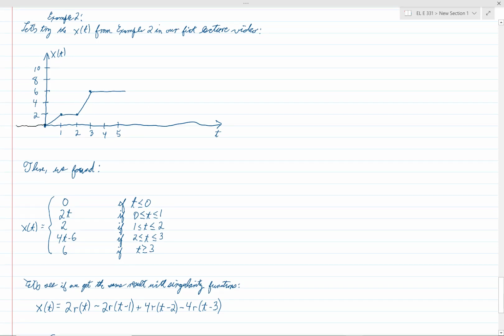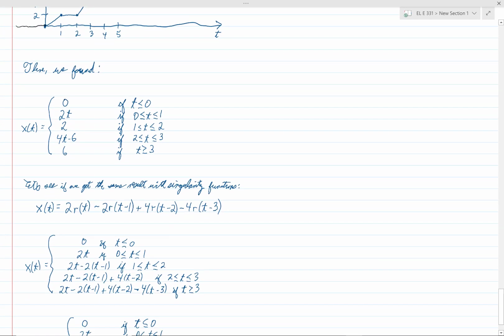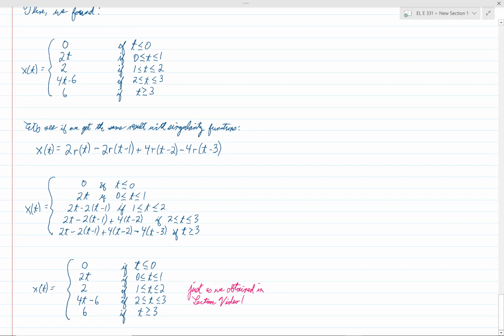And we can finally now check this to make sure it works out correctly. And so let's see, we'll do this just as we did before. Okay, x of t, if t is less than or equal to 0, all those functions are equal to 0. So x of t is equal to 0 if t is less than or equal to 0.